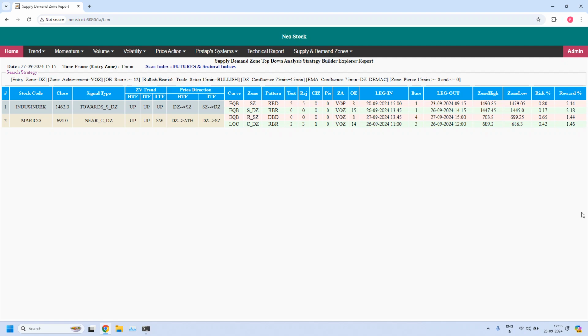Two stocks are filtered. These two stocks are high probability setups, because these 15 minutes demand zones are part of the 75 minutes demand zone, and that 75 minutes demand zone is having daily EMA confluence. And not only that, both these 15 minutes demand zones are high liquidity demand zones.